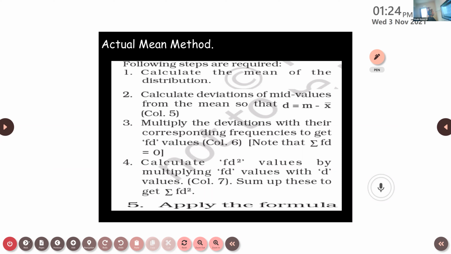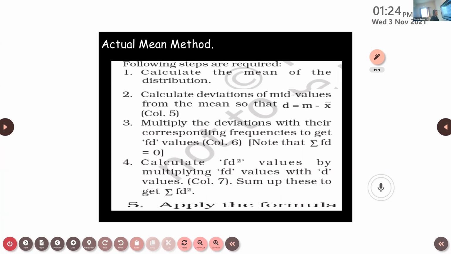Okay. So you will be getting D. Now that means deviations you got. Next step, you can do FD, that means F into D. Frequency will be given in the question. Then to get FD square, you multiply FD values with the D, you will be getting FD square. Then we can apply this in the formula.